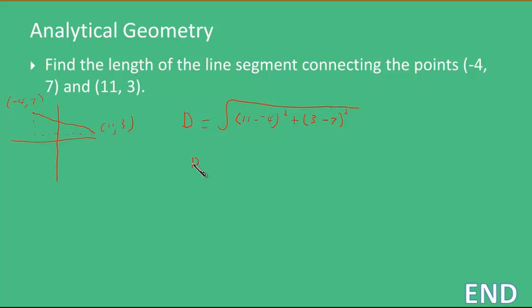So 11 minus a negative 4 gives us 15 squared, and 3 minus 7 gives us minus 4 squared, which is 16. So let's write minus 4 in here like this and square it. So that gives us the square root of 225 plus 16, which gives us the square root of 241. And so D then is approximately 15.5 units.